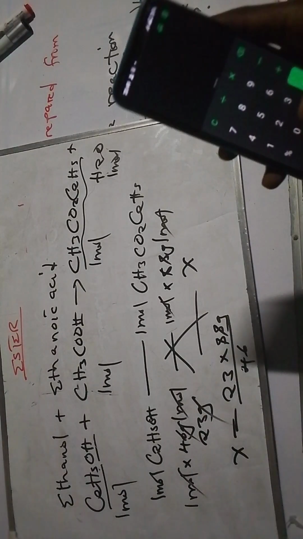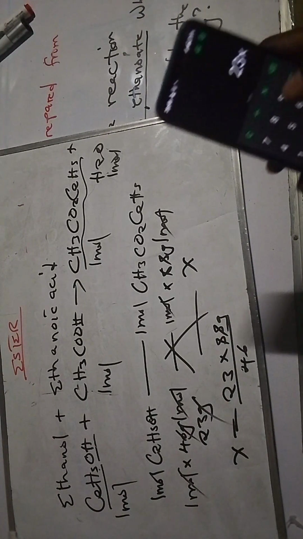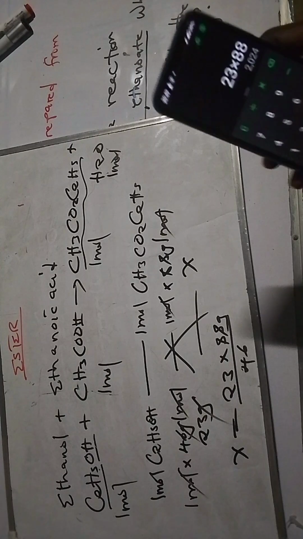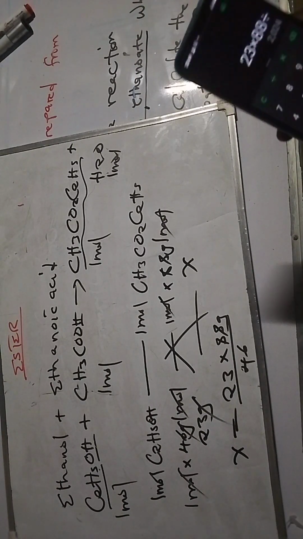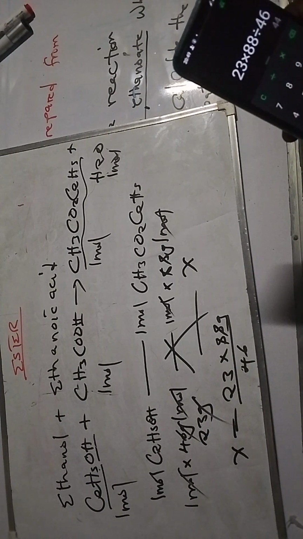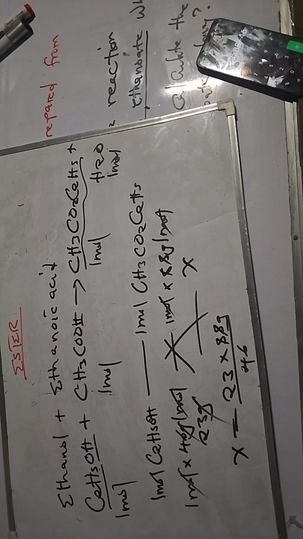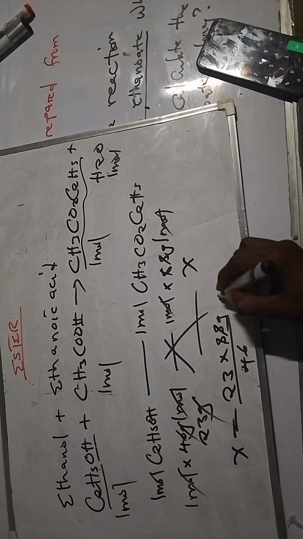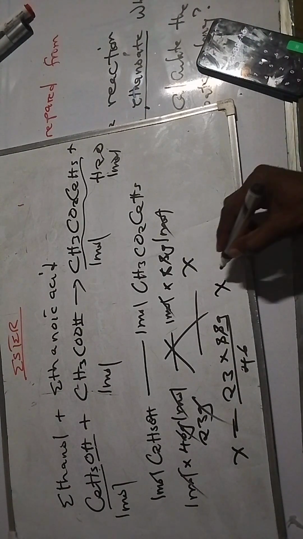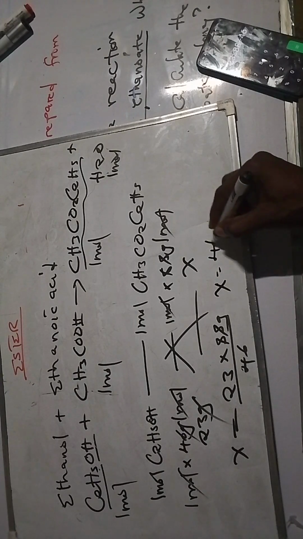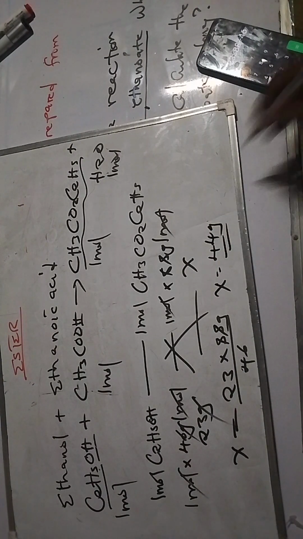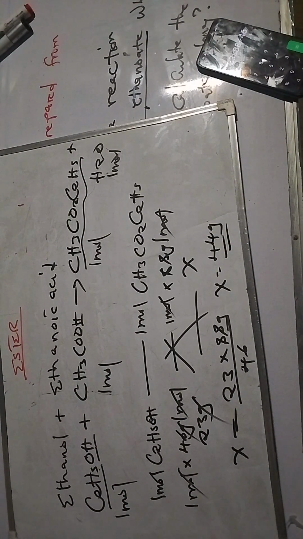We have 23, we multiply by 88. Then the answer we divide by 46. So I get 44. So X is equal to 44 grams. So that was the mass which was required for us to calculate.